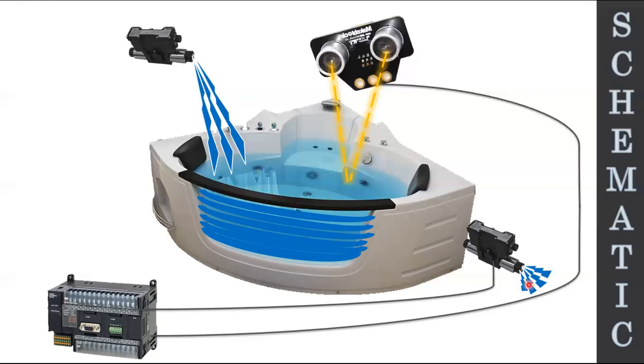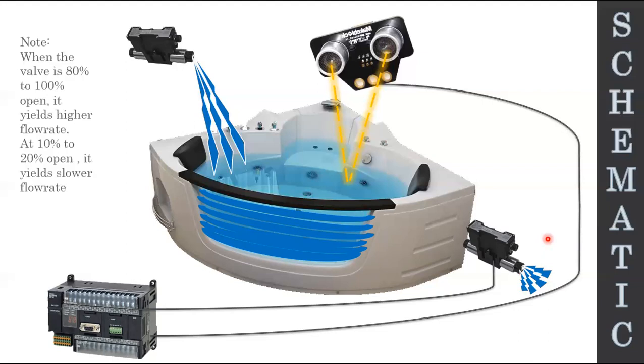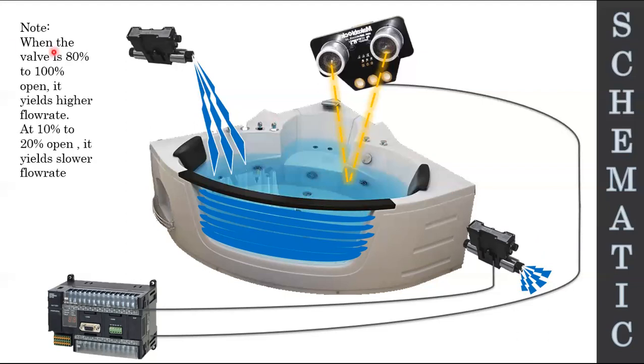Okay, in-indicate ko siya ng mas maraming parang lumalabas na water. Okay? Now, please take note that when the valve is 80% to 100% open, yung talagang bukas na bukas, yung gripo, kumbaga, parang ganyan, it yields higher flow rate. At kapag ang valve naman ay 10% to 20% open lang, bahagyang nakasara siya, it yields slower flow rate.